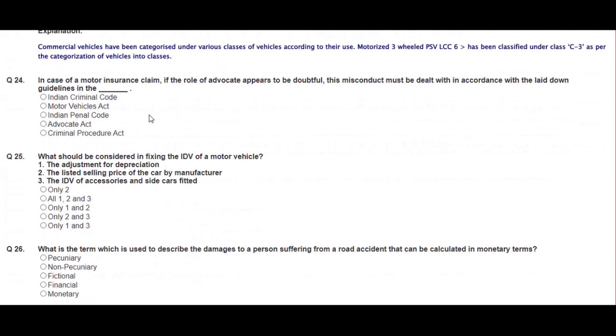In case of a motor insurance claim, if the role of an advocate appears to be doubtful, this misconduct must be dealt with in accordance with the laid down guidance in the Advocates Act.